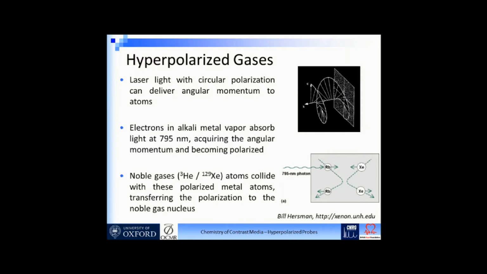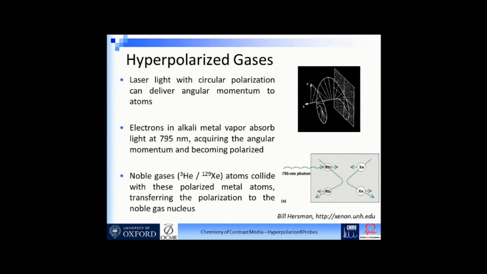So if we look at the hyperpolarized gases, what we use is laser light with circular polarization to deliver angular momentum to atoms. So we irradiate a sample which has got some alkaline metal vapor, and they absorb the circularly polarized light at a specific wavelength, and they acquire that angular momentum and become more polarized.